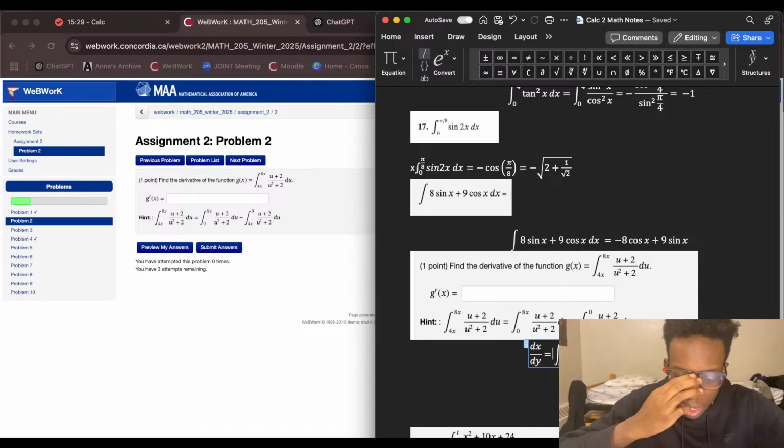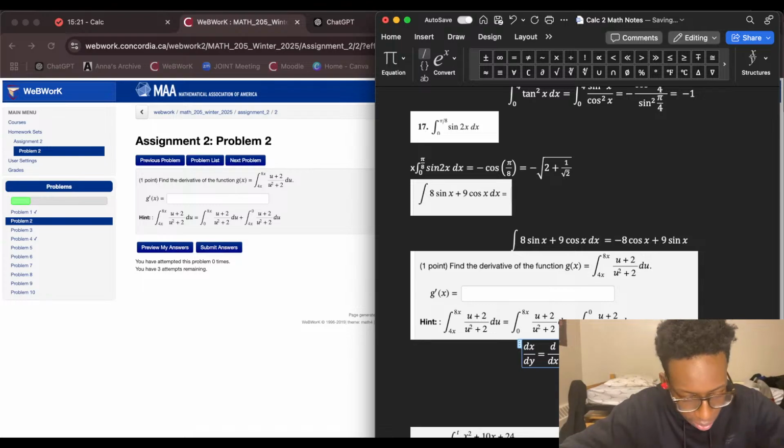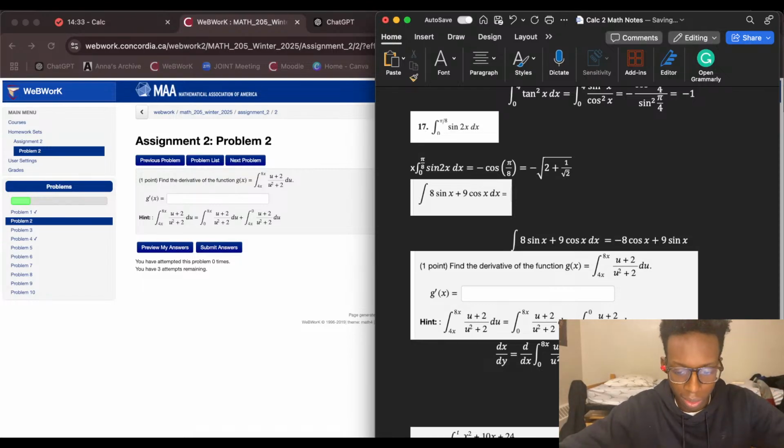Because it's just separating the thing, so we'll just do dx, and then you do the same thing on this one. u plus 2 divided by u squared plus 2, and then times 4, and hit the du, bro, hit the du.